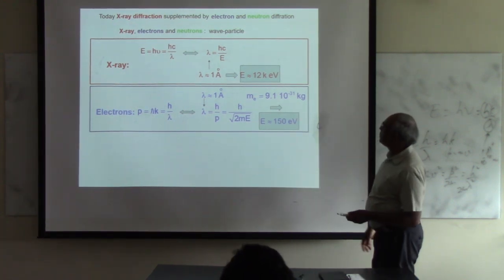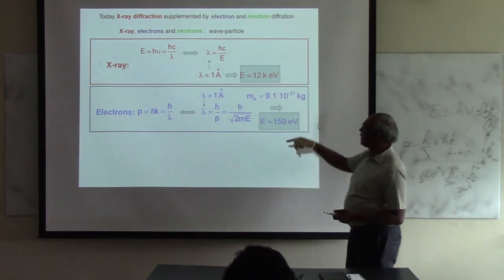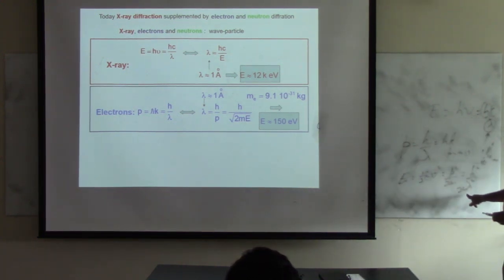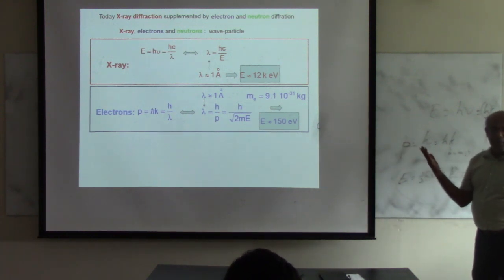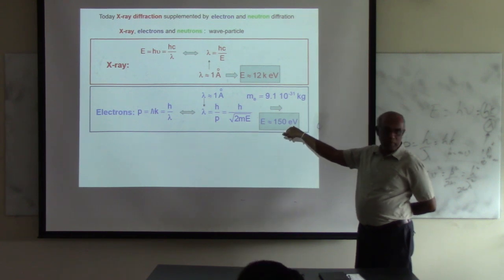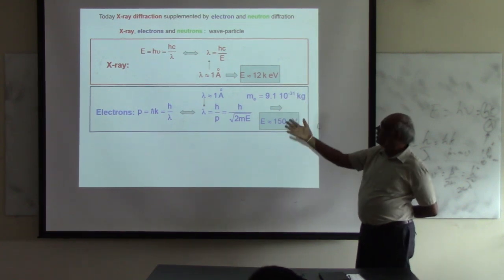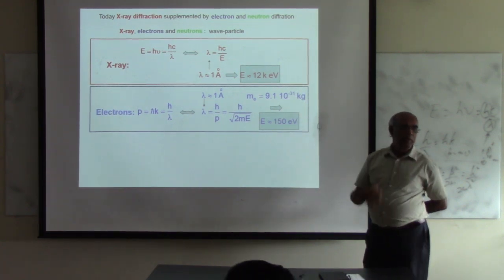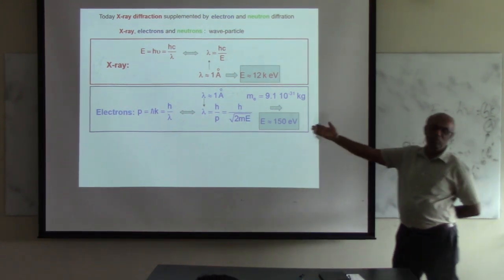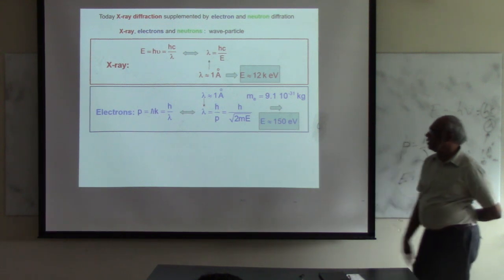So 9.1. Now plugging in these numbers, we know h, we know m. If you consider lambda to be about 1 angstrom, then the energies are only electron volts, right? It's not kilo electron volts. So electrons have much lower energies compared to X-rays.